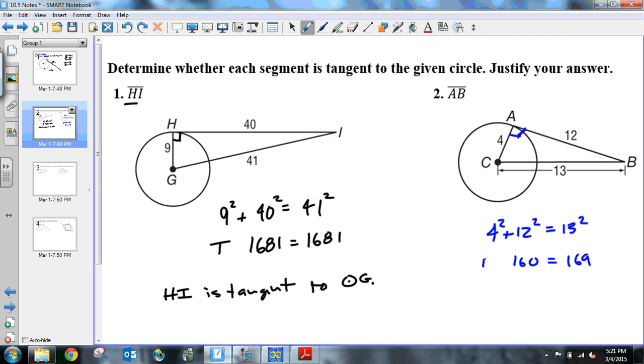And this is a false statement. 160 is not equal to 169. It's not true, so because it's not true, we say no, AB is not tangent to circle C. So we just want to use the Pythagorean theorem to verify that.